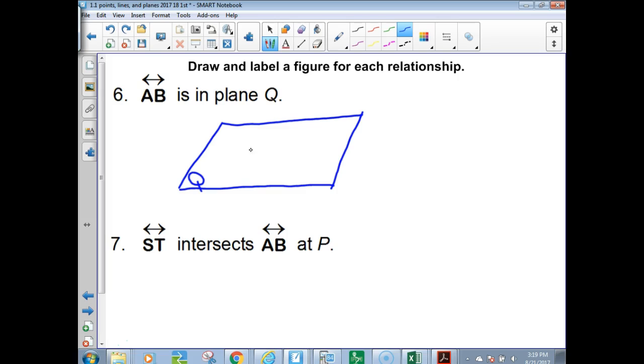And then I'm going to put a line in there, and put points A and B on that line. So it's called plane Q, so I put a Q on the plane. And then I stuck a line in it called AB.